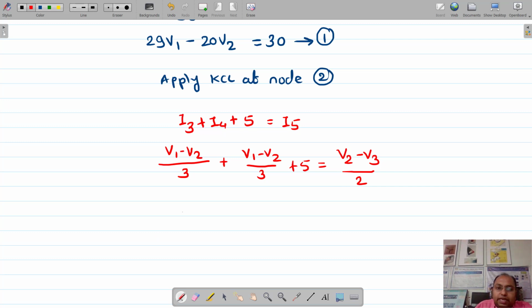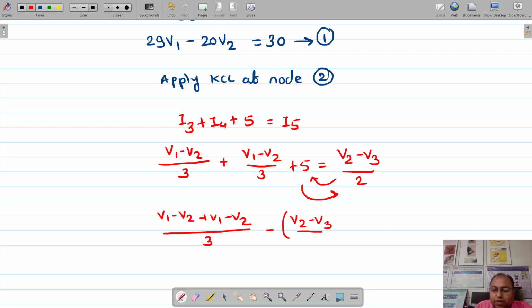Okay. Now let us rearrange this equation. Let us take this term to the left hand side and let us transfer this 5 to the right hand side. V1 minus V2 plus V1 minus V2, because their denominators are same, so I can add it, minus into bracket (V2 minus V3) divided by 2 is equals to minus 5.